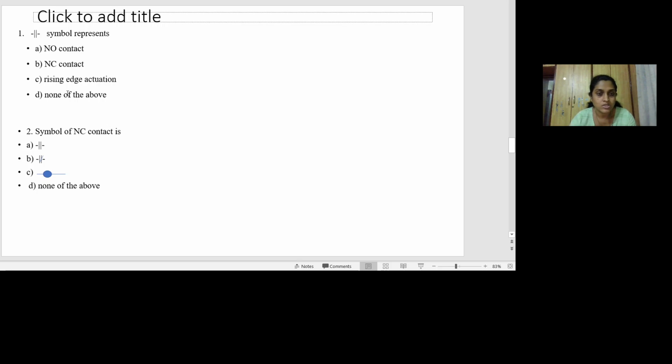The answer is NO contact, choice A. The second question is, the symbol of NC contact is, and here I have shown the picture of contacts. The NC contact is represented by two vertical lines, on which I have put a slash mark. That represents your NC contact. So the answer is choice B.